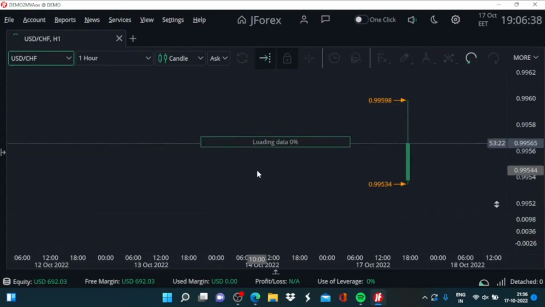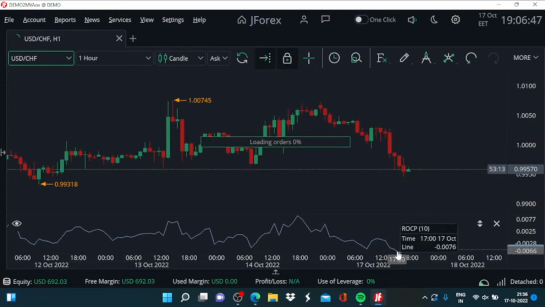Let us see now USD CHF, and here it is taking a little time for loading. So here the USD CHF is showing bearish momentum, but compared to the momentum which we observed for the GBP USD or EUR USD, the USD CHF momentum on the bearish side is not that strong. The value is lower in terms of comparison.